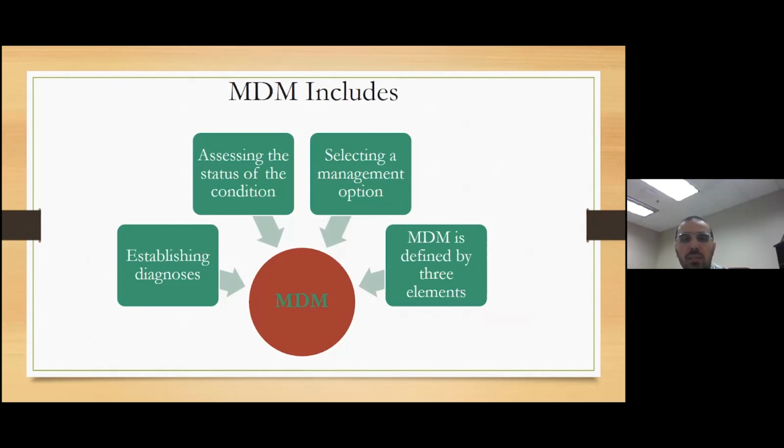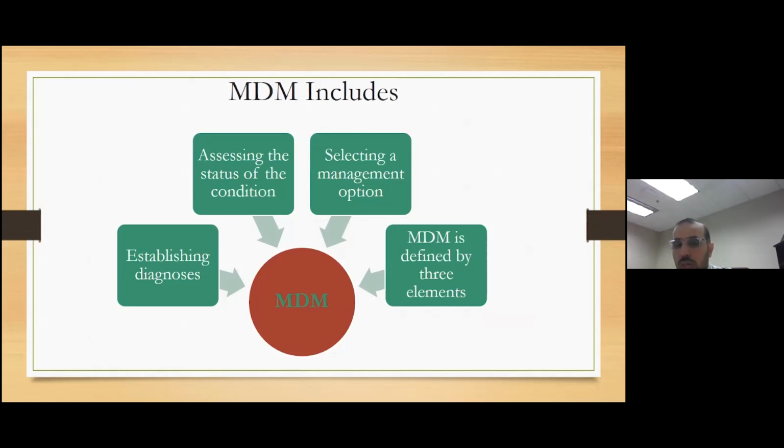That is assessing the condition. And then you decide to say, well, they are going to start metformin or insulin or this and that. Then that is selecting a management option. So those are the three levels that come to your mind when you are making those decision trees. So those are how you bill for your service nowadays.